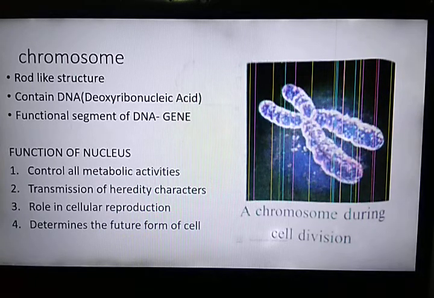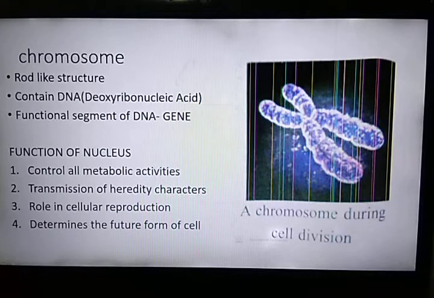Let's revise again. Chromosomes are rod-like structures which are visible only when the cell is about to divide. Chromosomes are composed of DNA and protein. Now what does DNA contain? It contains the information necessary for constructing and organizing the cells.